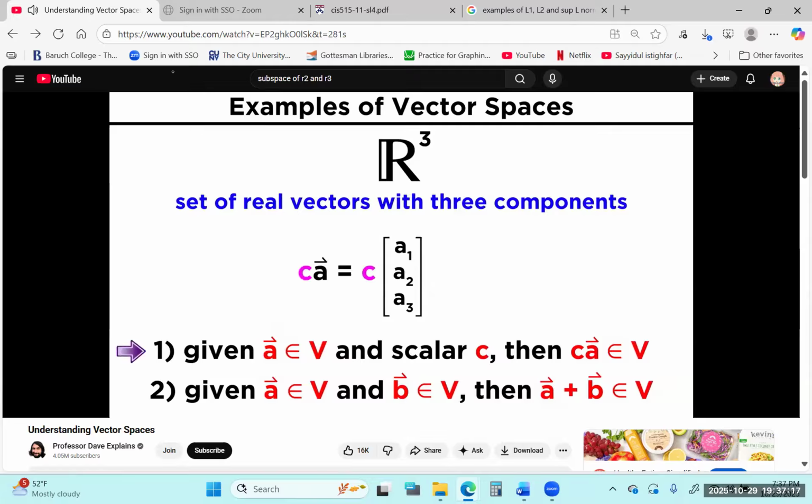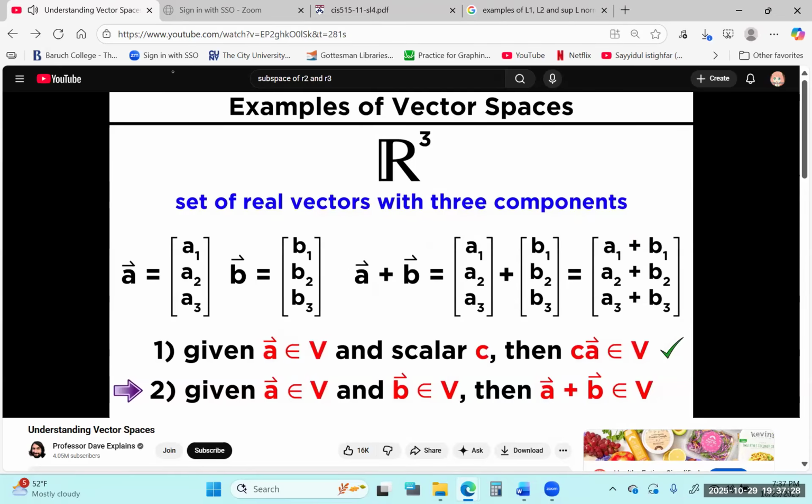We can multiply any such vector by any scalar and find that our result is a vector of length 3, made of real numbers. Similarly, we can add any two elements and find the same to be true, given that each component is simply now a sum that will result in another real number. This set is closed and is thus also a vector space.